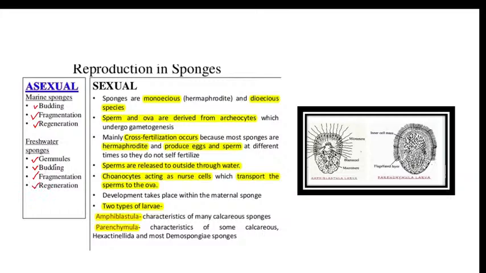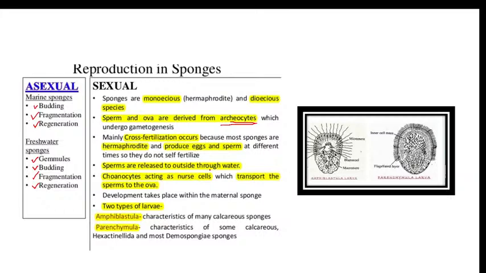The sponges are monoecious or hermaphrodite, or they are dioecious, and the sperm and ova are derived from the archaeocytes. Archaeocytes differentiate to form sperms or ova. Then sperms are released to the outside through the water.